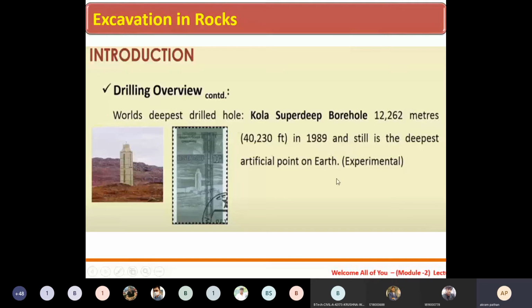This is a particular history of the technology. This is the world's deepest drill hole, the Kola Super Deep borehole. The length of this particular borehole is 12,262 meters. This hole is made for experimental purposes.